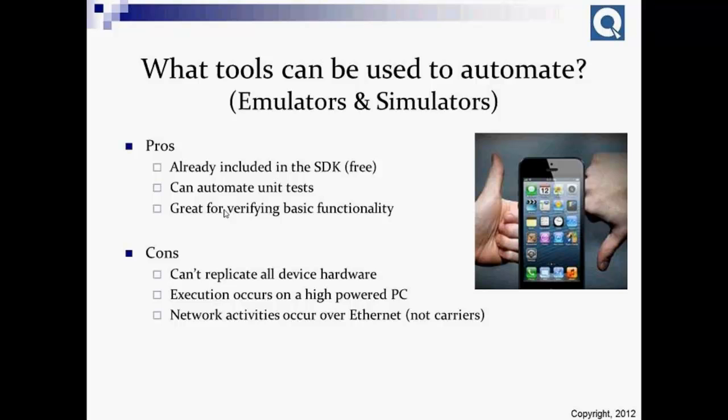So the application has a lot more to work with because it's functioning off of the PC as opposed to the smaller devices. And any network activity that occurs is going over Ethernet, and it's not really going over the carrier's network. So this just reinforces the point that when you do a proper sign-off verification of any testing, it needs to be done on a real device, and it needs to be done with different carriers.